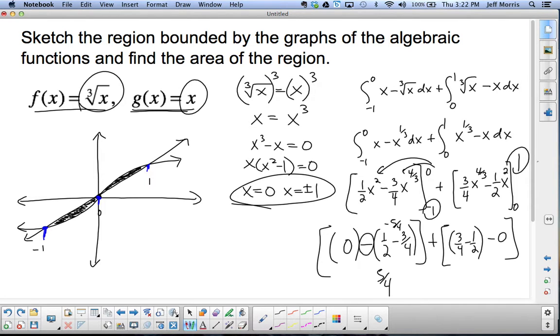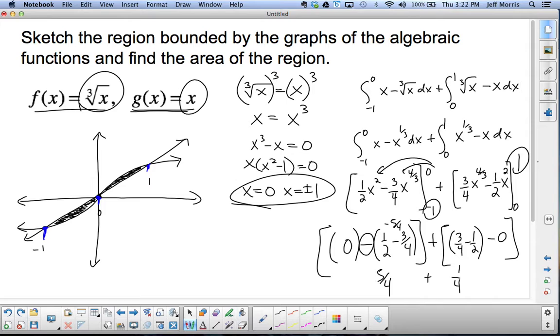And over here is going to end up being the same thing. 3/4 minus 2/4 ended up being 1/4.